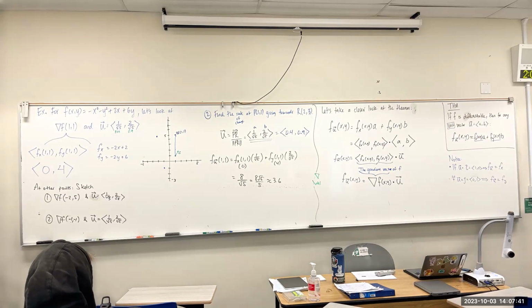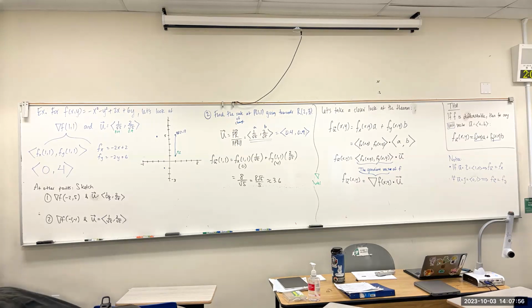So when you reverse that line, -4. Then plug that point in again, but now into this different partial. So go ahead and do that, okay?